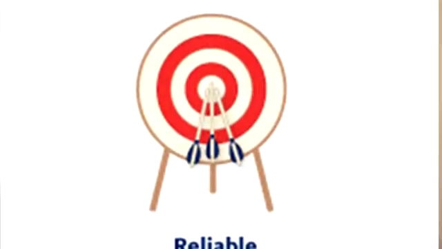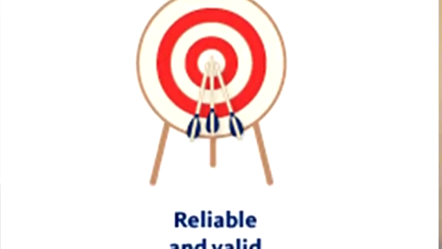Assessments can be, first off, reliable but not valid. Say you get really consistent results, but they don't measure what you intend to measure. That's a validity problem. Assessments can be reliable and valid, meaning that students are getting reliable results and they're nailing the kind of knowledge that you want them to.